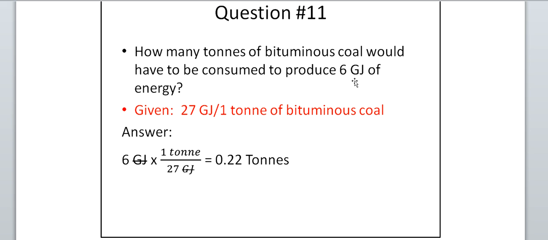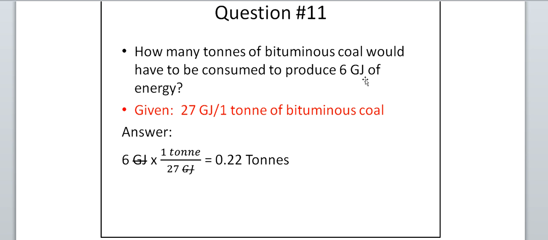So you want to find out, you have a quantity of energy that's only 6 gigajoules of energy. And your conversion factor is using 27 gigajoules equaling 1 ton.